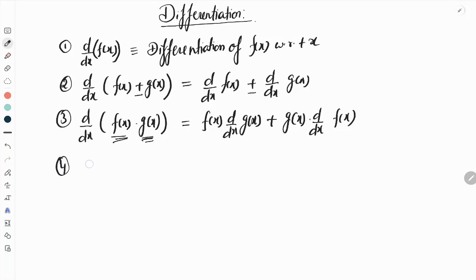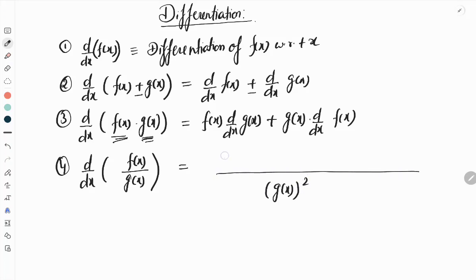The fourth one: dy/dx of f(x) upon g(x), meaning two different functions are in division. Its derivative will have the denominator squared, g(x) square. After that, whatever is in the denominator stays outside, times dy/dx of the numerator function f(x), and in division, minus is there.